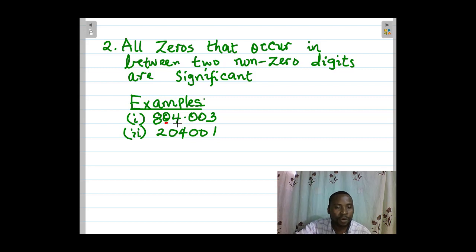So since that zero is standing in between 8 and 4, it makes it a significant zero. These two zeros are standing between 4 and 3. Because they are in between two numbers that are not zero, these two zeros also have become significant. So how many significant figures do we have here now? We have 6 significant figures here.